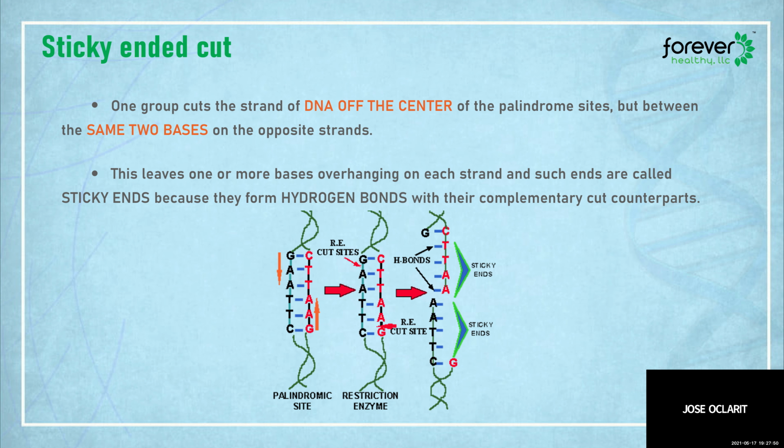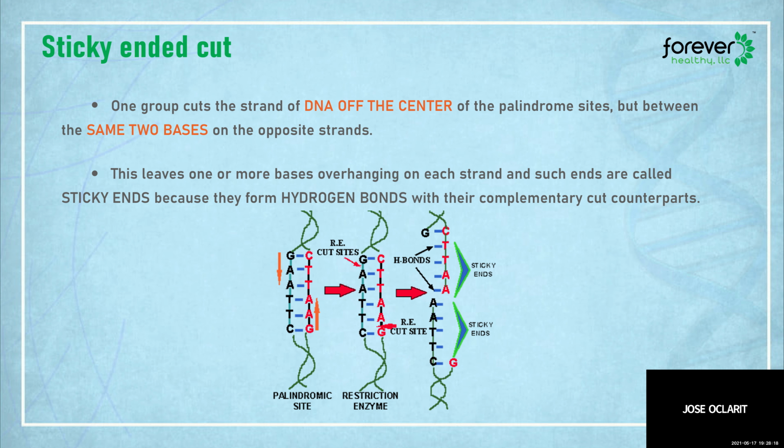So if you cut one source of DNA with a restriction enzyme and you cut another DNA with the same restriction enzyme, you are assured that those two DNAs of different sources will anneal or combine because of their sticky ends. The sticky ends are naturally paired.